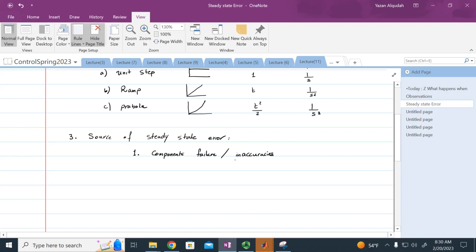What other sources of error could happen? External noise. Okay. External or internal noise, interference.